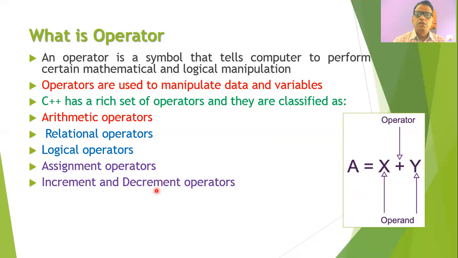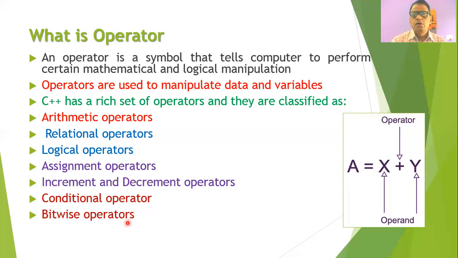In C++, it is also possible to increment the value of a variable by 1 or decrement it by 1 by using the increment and decrement operators. Whenever you want to write a conditional expression, it can be written using the conditional operator, which is also called the ternary operator.